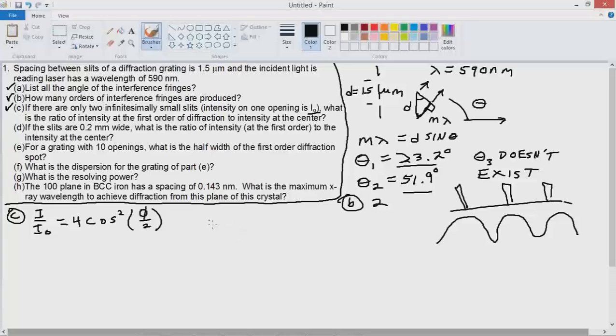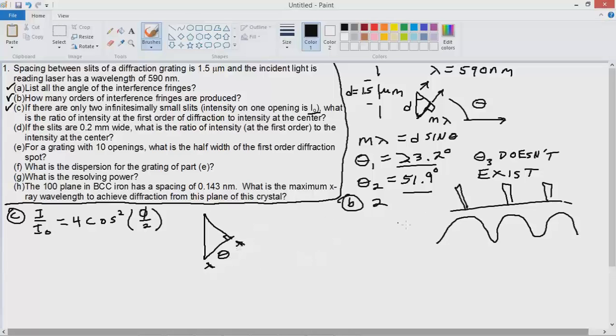And the phase angle, let's draw the picture again, at some angle theta. Well, the phase angle is going to be however many radians in phase the wave changes going from here to here.